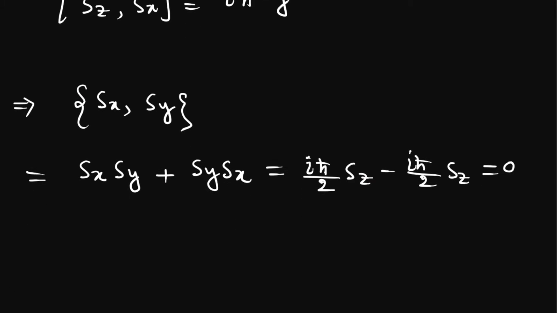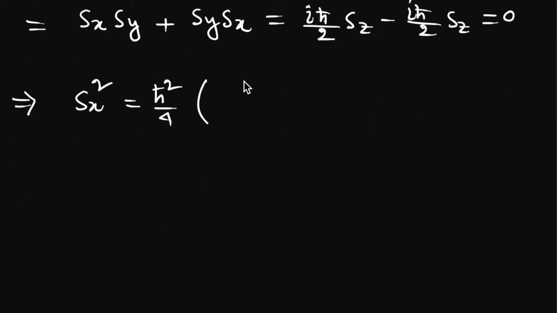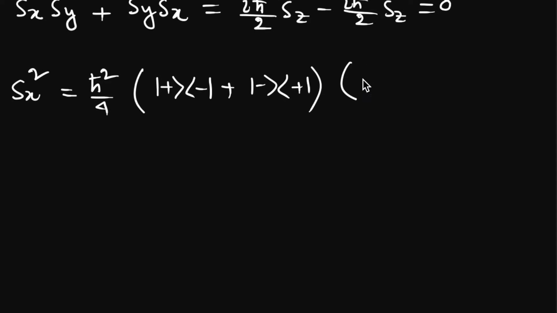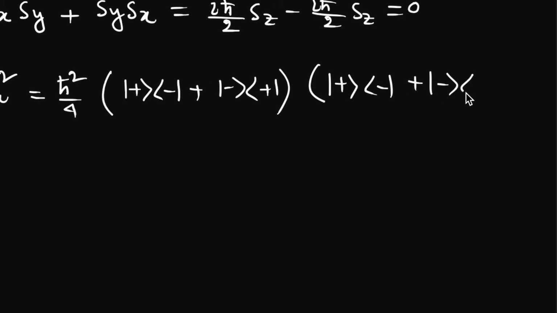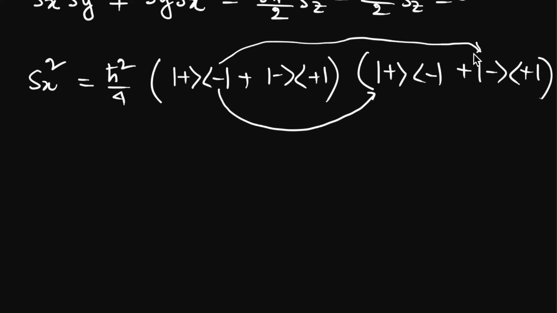Now let us calculate the value of Sx square, which is ħ square by 4 into |+⟩⟨-| plus |-⟩⟨+| times |+⟩⟨-| plus |-⟩⟨+|. This term multiplied with this term will give 0. This term multiplied with this term will give 1.